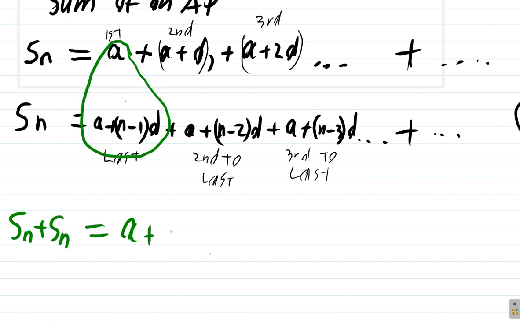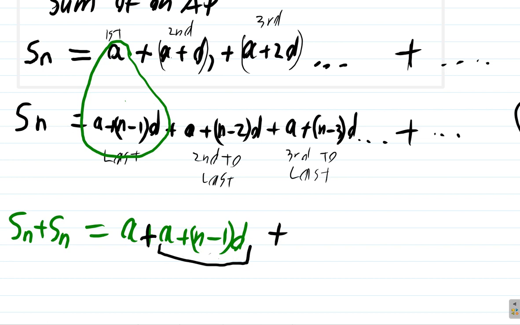A plus n minus 1 D. This was the last term. First term plus the last term.